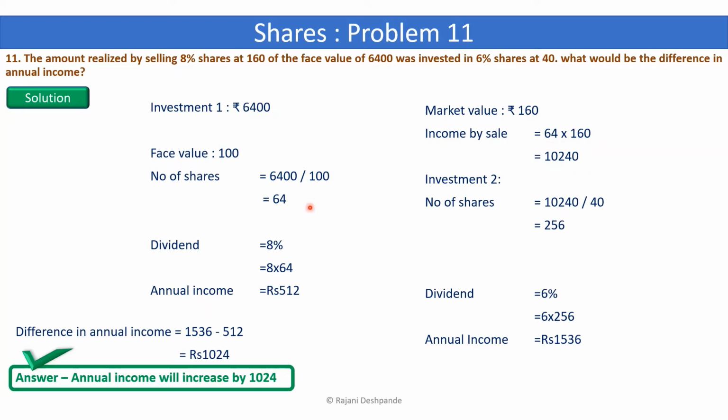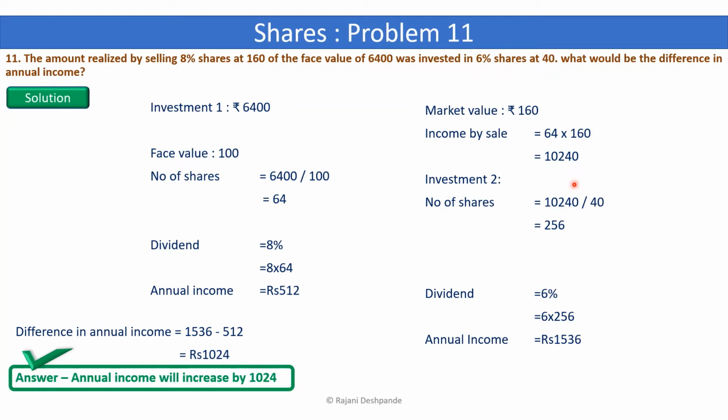So when we sell these 64 shares which we bought at rupees 100 for 160 rupees, we get income of 10,240.